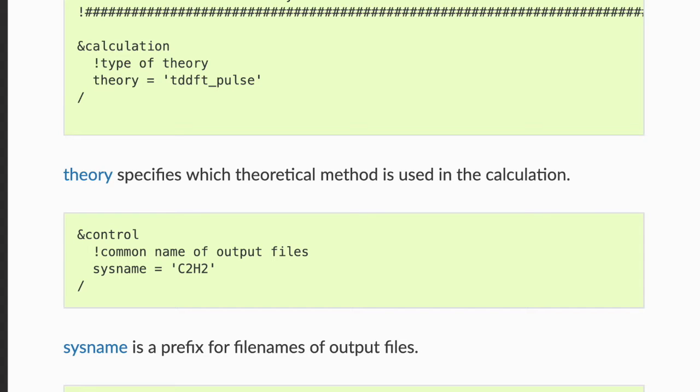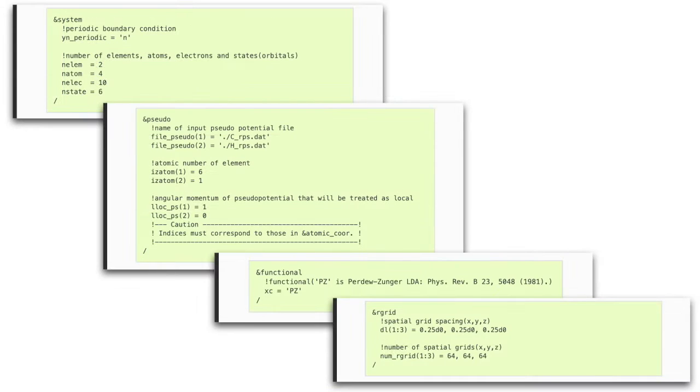In the first namelist, calculation, the value of the keyword theory is tddft_pulse. This was DFT in the ground state calculations. The namelists system, pseudo, functional, and rgrid must have settings identical to those in the ground state calculations.